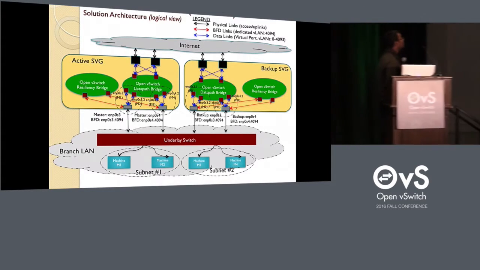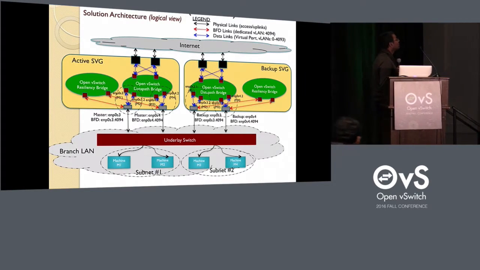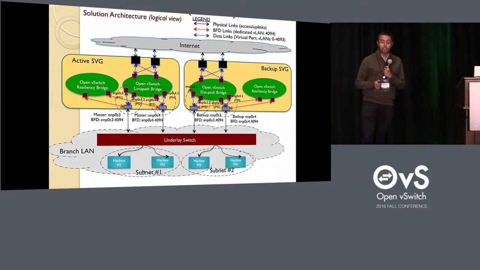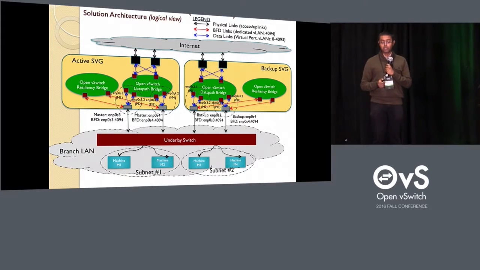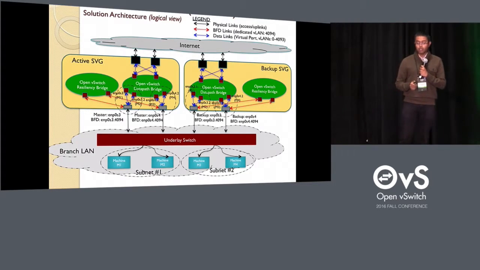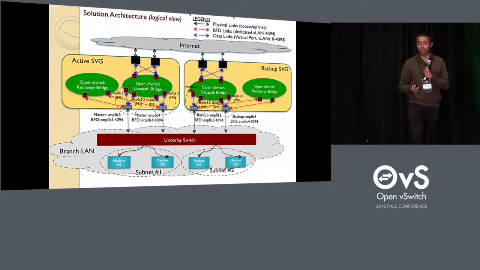The ports on the resiliency bridge use VLAN 4094. For each of the access ports, you will have one port in the resiliency bridge, color coded in red, and they will form the VPLS connection as we discussed earlier.